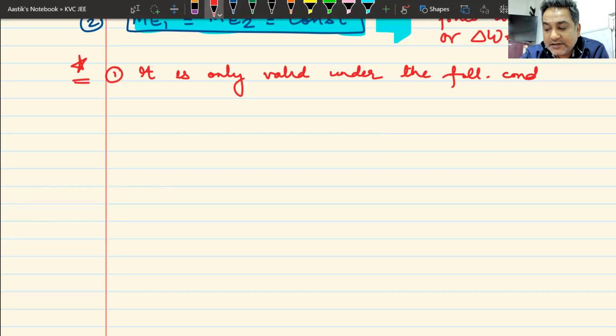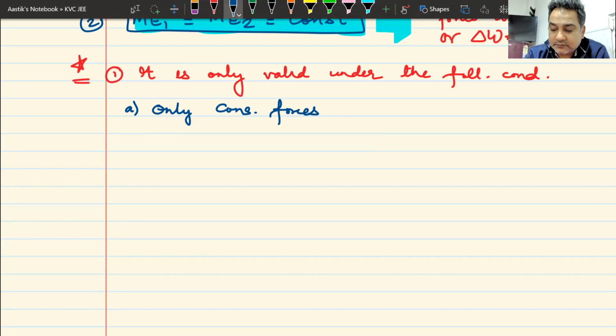So there must be conditions met. What are the conditions? What is the first condition for mechanical energy conservation to be valid? Only conservative forces are present.